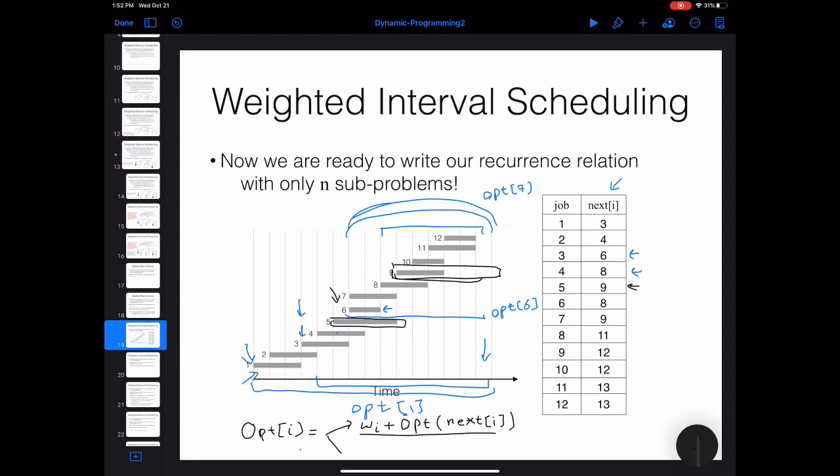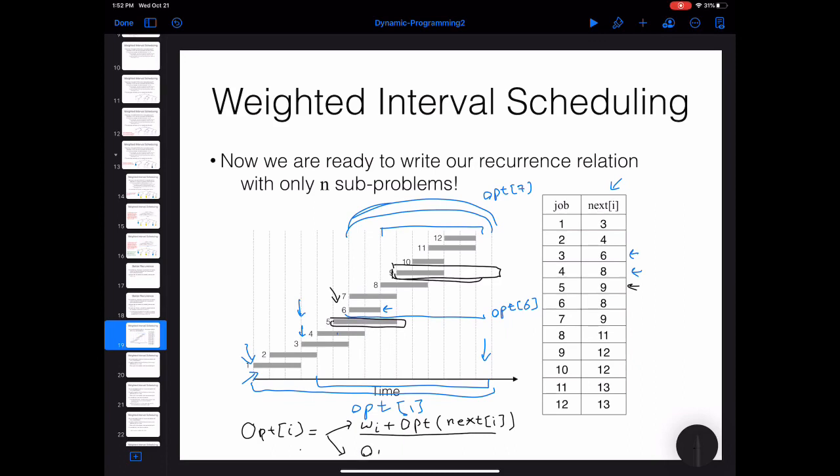And the other choice is that you are not going to take job i. If I'm solving this problem that includes all the jobs from 5 to the end, I have two choices: either take 5 or don't take 5. If I don't take 5, I can take the next job, which is going to be i plus 1, right?